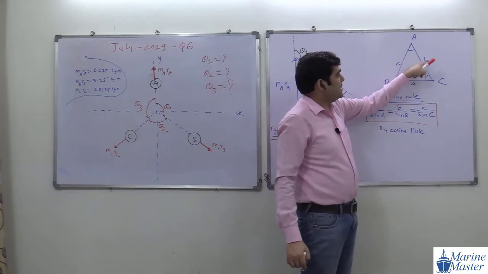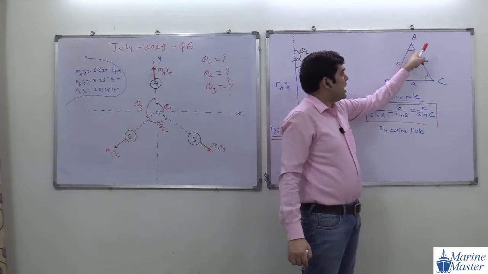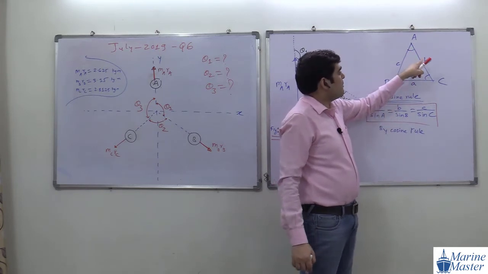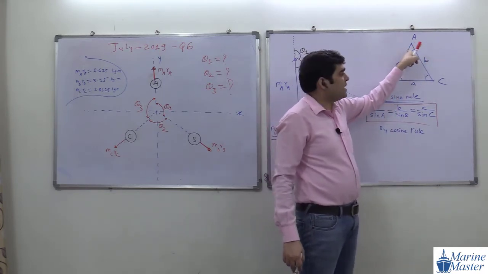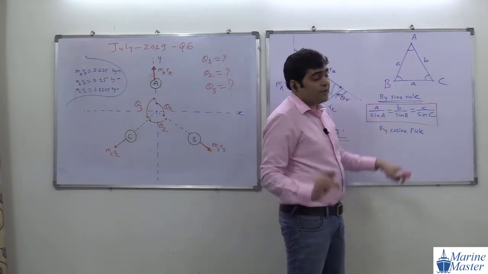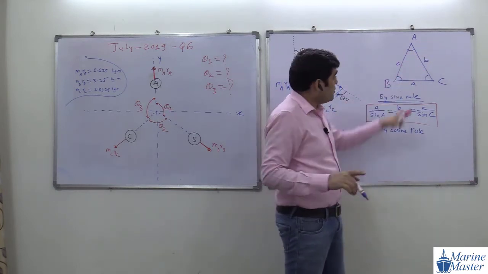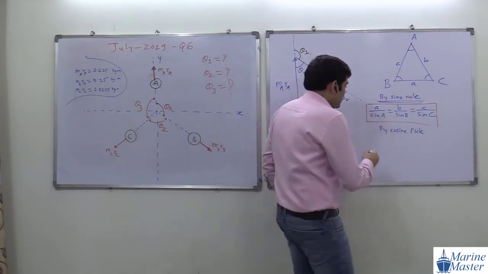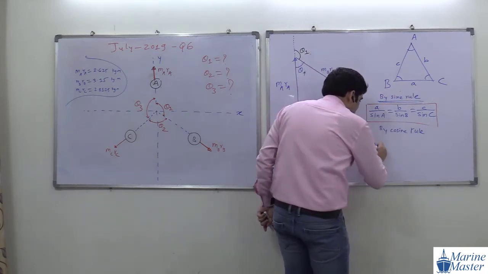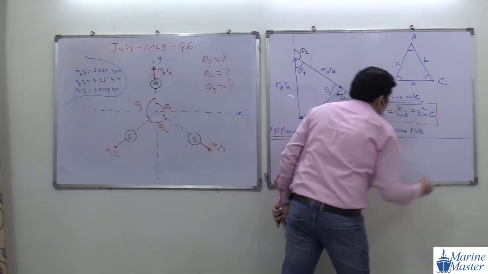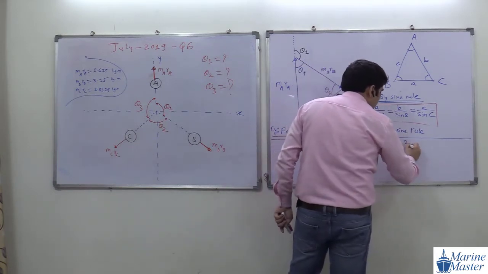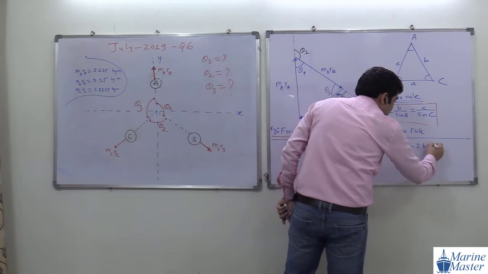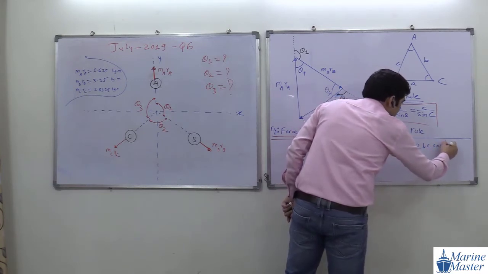Angle A. So if we have side B, side C, and the angle between them, and we want to find A, then by the cosine rule A is equal to the square root of B square plus C square minus 2BC cos of angle A.